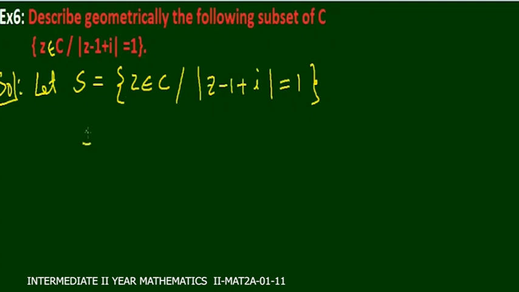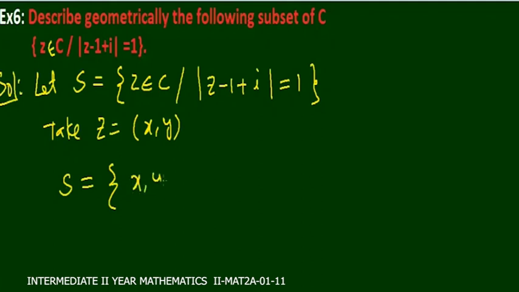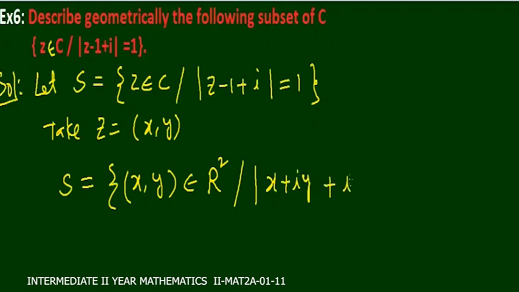Now take z as x, y. So the set S is a set of ordered pairs (x, y) belonging to R cross R such that mod of x plus iy, in place of z I am writing x plus iy, plus i is equal to 1.